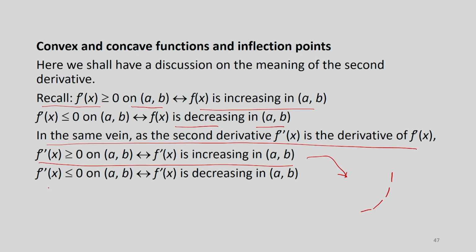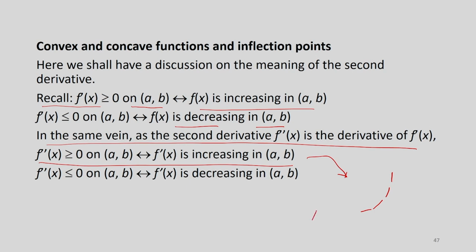And in the second case, what is happening? f double dash of x less than or equal to 0 in the interval a to b is equivalent to f dash of x is decreasing in the interval a to b. All right. So, what does it mean when we say f dash of x is decreasing?